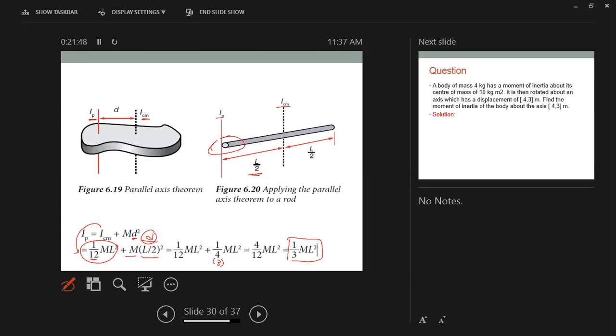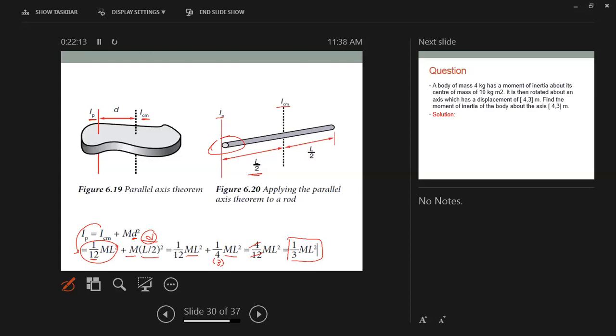So 1 over 12 stays, and multiplying the second by 3, it is going to be 3 over 12. Since both have m L squared, we simply add 1 over 12 plus 3 over 12, which is 4 over 12 m L squared. When you simplify that by 4, it's going to be 1 over 3 m L squared.